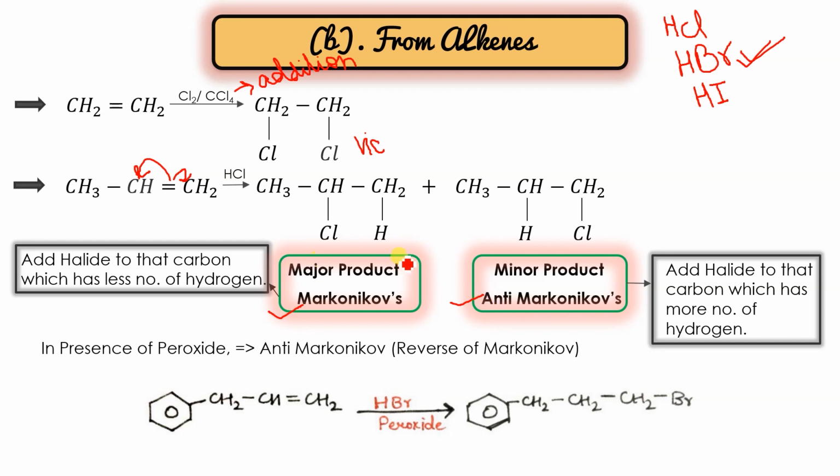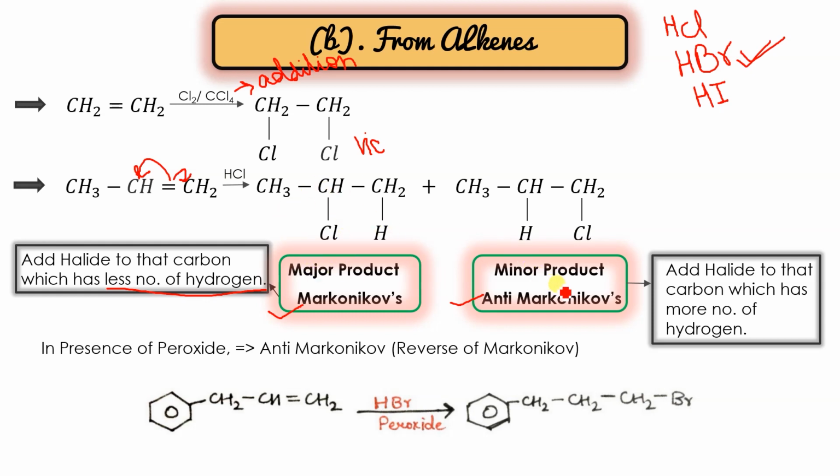According to Markovnikov rule, the halide group will attach to that double bonded carbon atom where hydrogen number is less. So the halogen goes where hydrogen is less. Hydrogen is less over here, so that's why the chlorine is going to attach over here. And according to Markovnikov, this will be the major product.